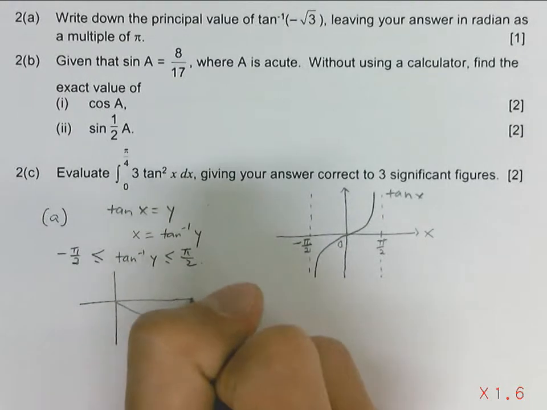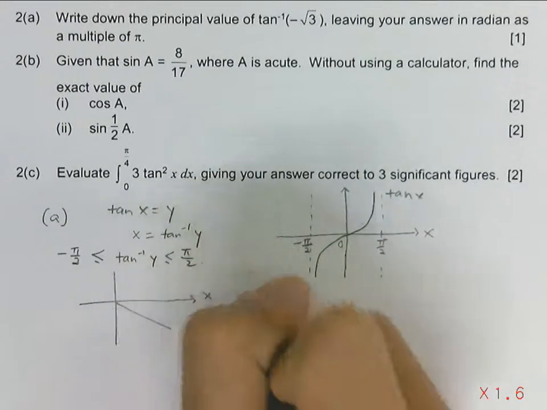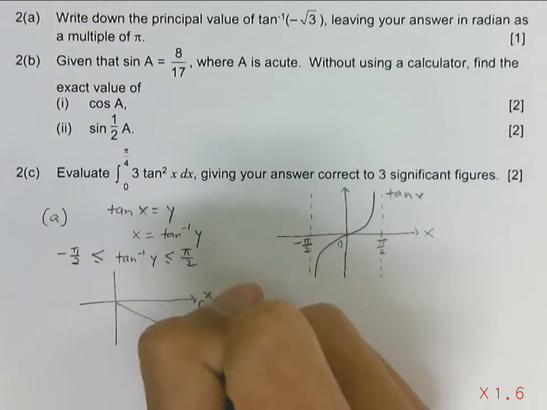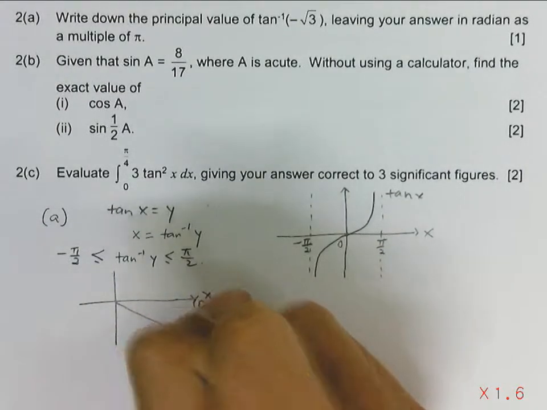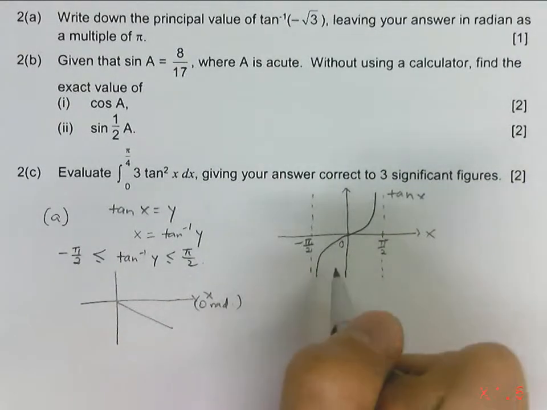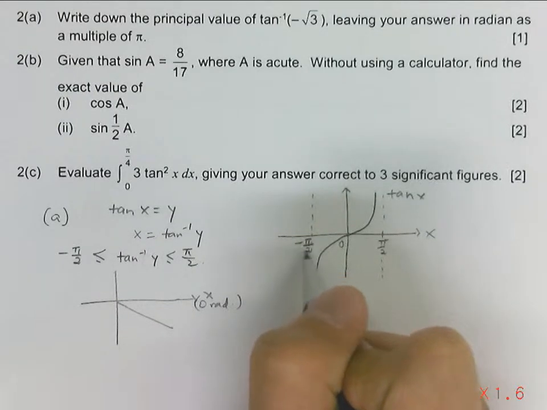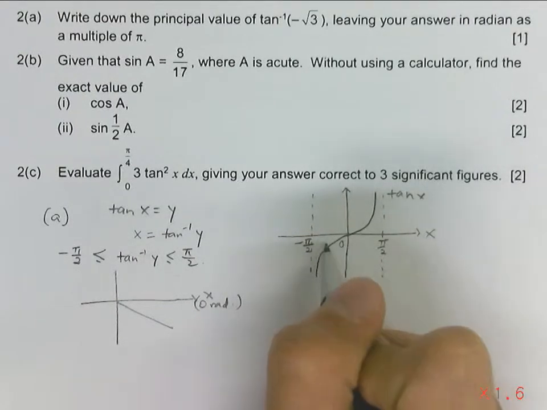So we usually start the angle here, 0, as 0 radians. So the answer that we want to find is actually in the fourth quadrant, so it is the negative pi over 2 to 0 region.